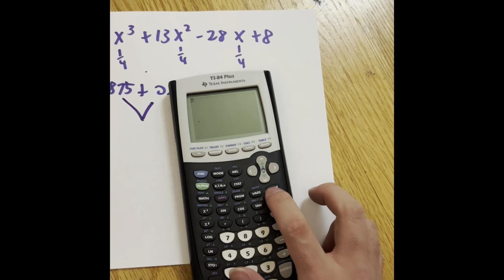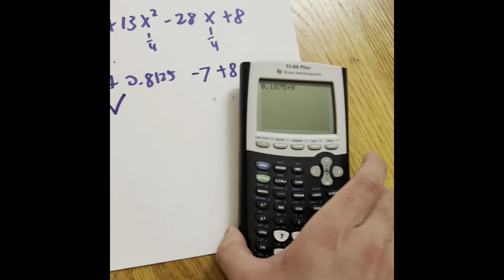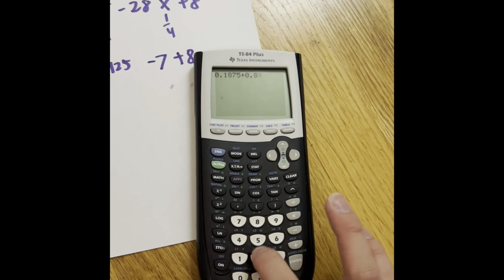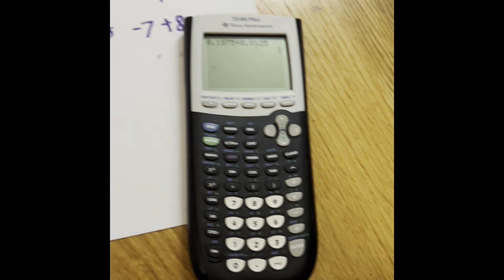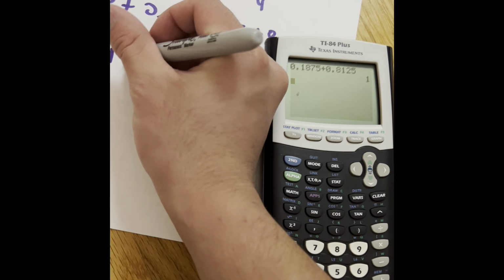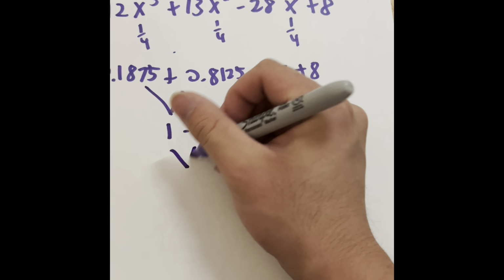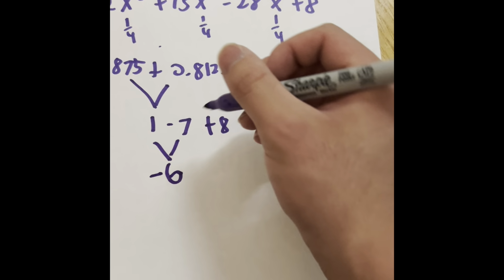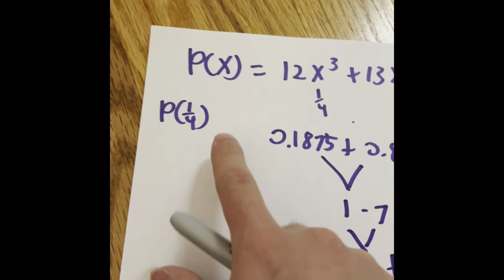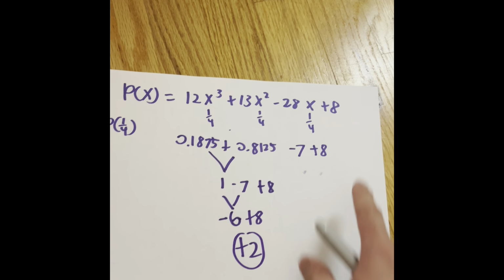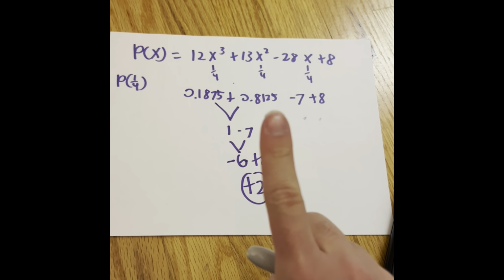So 0.1875 plus 0.8125 is going to equal 1. 1 minus 7 plus 8. 1 minus 7 is negative 6. Plus 8 is positive 2. So when you put 1/4 into the equation right here, you get positive 2. So that is our first clue to the mystery.